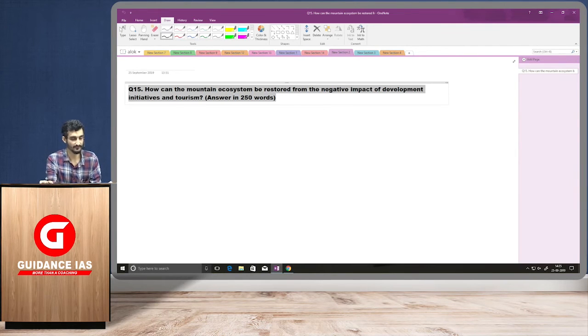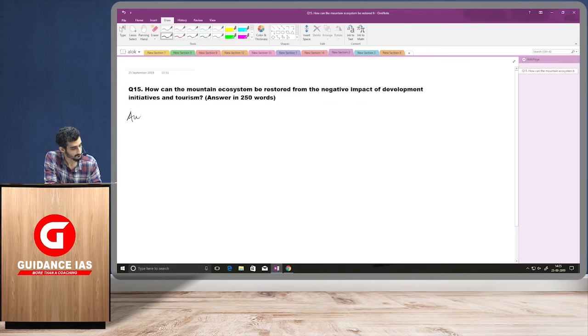So since it's a 15 marker and there are not many points you can create in the examination hall to provide for the restoration of the negative aspects of the mountain areas, what you can do is start your answer by giving a short introduction and then the issues which are prevalent in such mountain ecosystems.